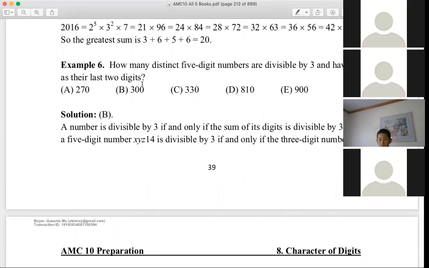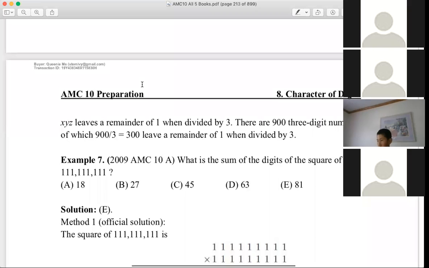So the 5-digit number XYZ14 is divisible by 3 if and only if the 3-digit number XYZ leaves a remainder of 1 when divided by 3. So there are 900 3-digit numbers, of which 900 divided by 3 will leave a remainder of 1 when divided by 3.